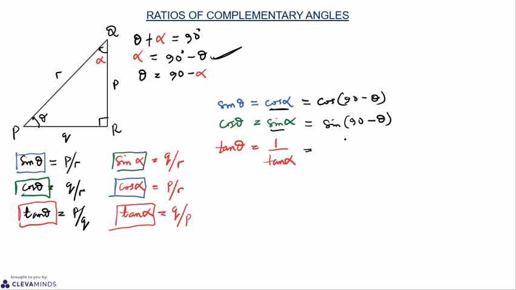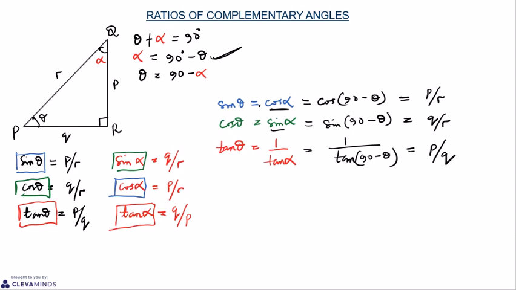The same thing goes with this one. This will give us 1 over tan 90 minus theta. Mind you, this equals p over r, this equals q over r, and this equals p over q.